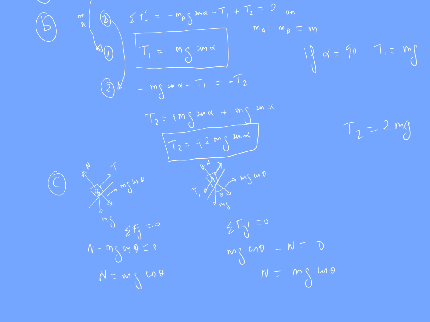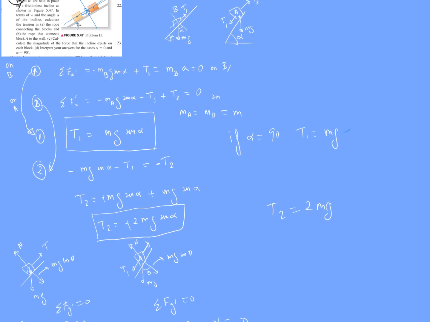So with this, we have solved all the problems. We found T1, we found T2, and we found the normal force on each body. And the problem asks, what will happen with this equation if alpha equals 90 degrees, so the inclined plane is inclined at 90 degrees? Sine of 90 will be 1, so T1 will be mg.